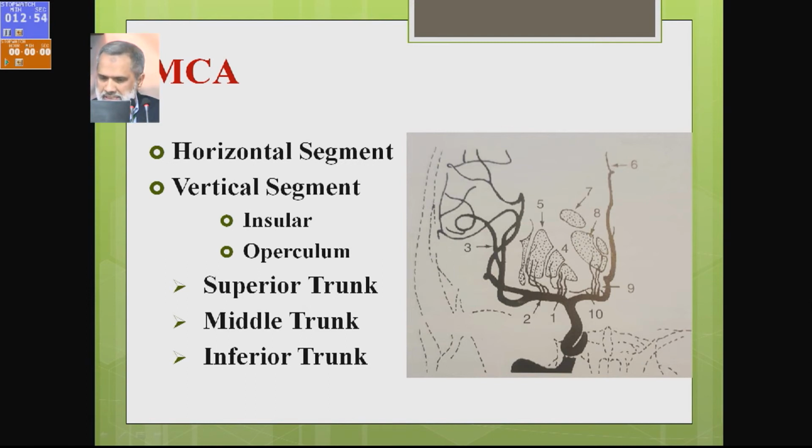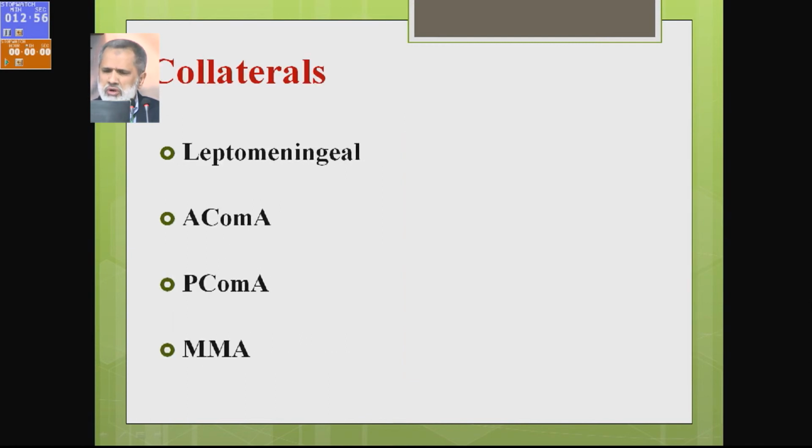Collaterals are very important, and I was just looking at the program. There are so many presentations related to it. Leptomeningeal is most important. I'll show you just the last slide next to it. Anterior communicating, which you already know. Posterior communicating, you already know.